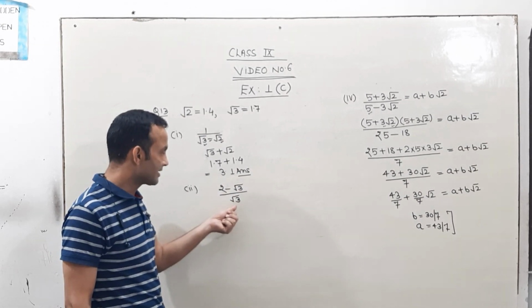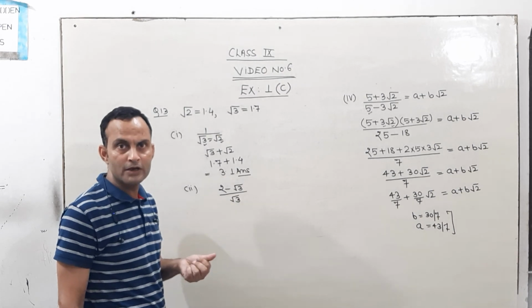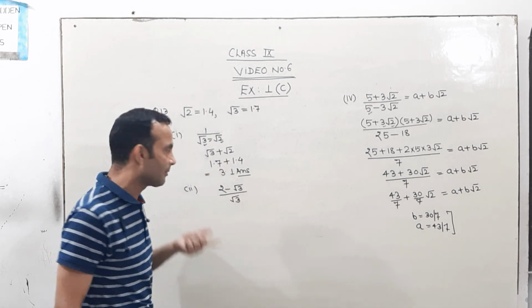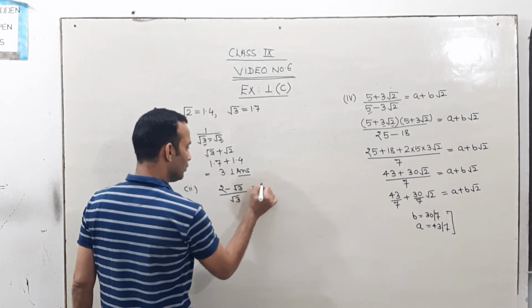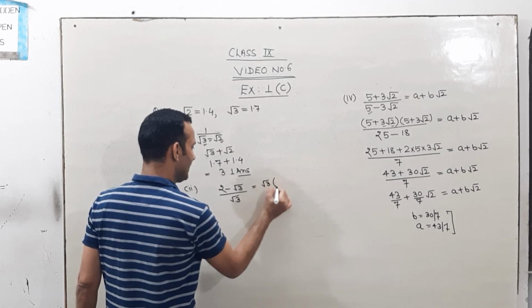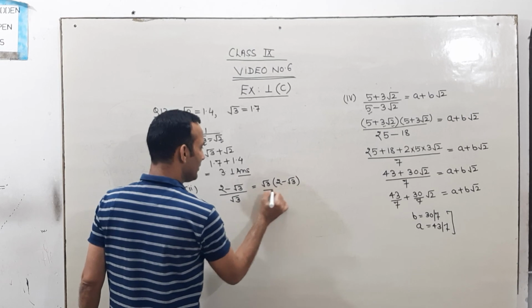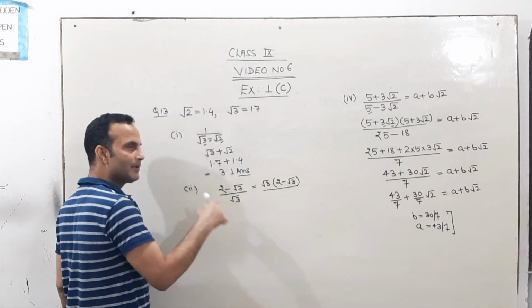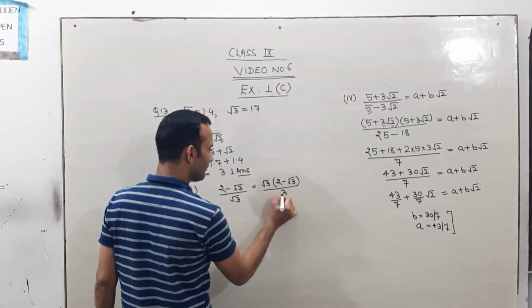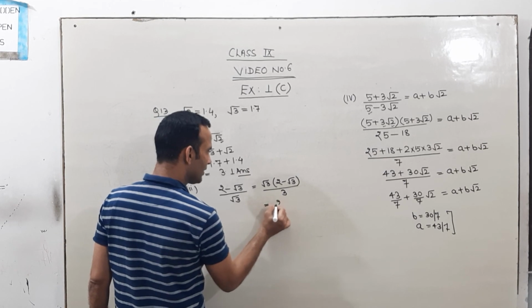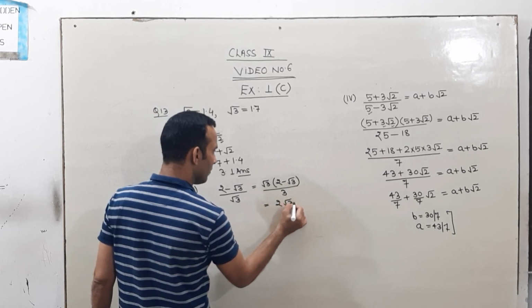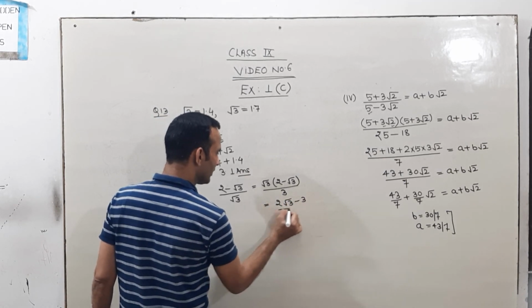So here the rationalizing factor of root 3 is root 3. So multiplying numerator and denominator by root 3: root 3 multiplied with 2 minus root 3, and when the denominator root 3 is multiplied with root 3, we obtain 3. We obtain 2 times root 3 minus 3 upon 3.